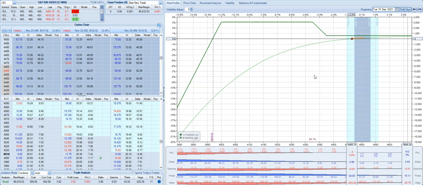Do not size this trade based on the buying power effect, right? Like if you have a $100,000 account and it only takes about 10 grand to put this on, you say, oh, I can do 10 contracts. Nope.